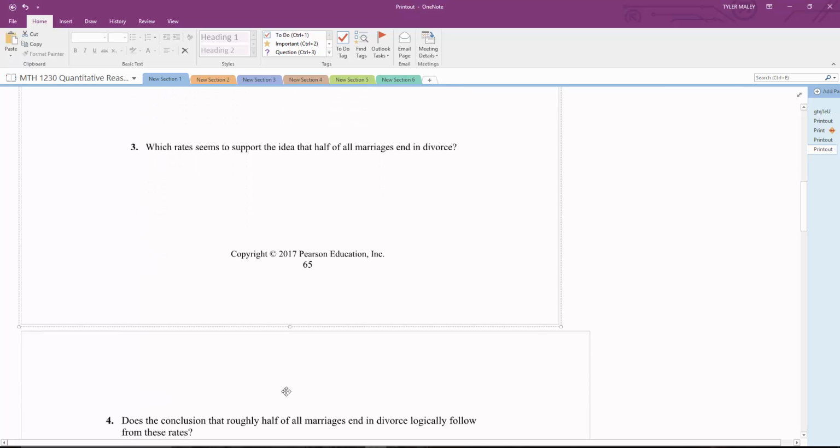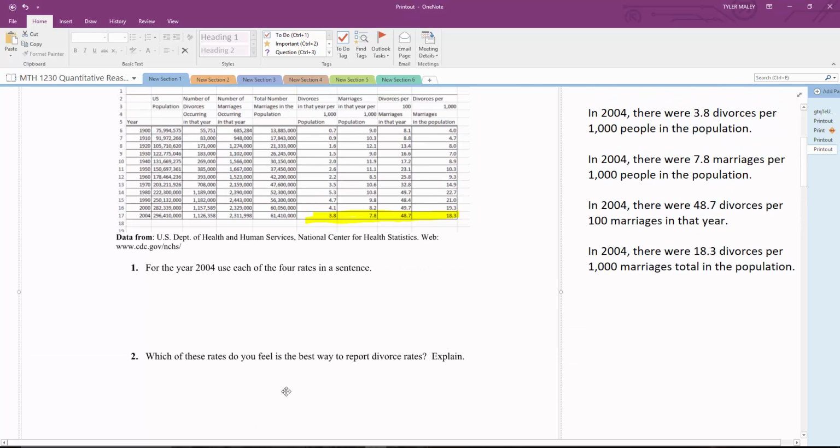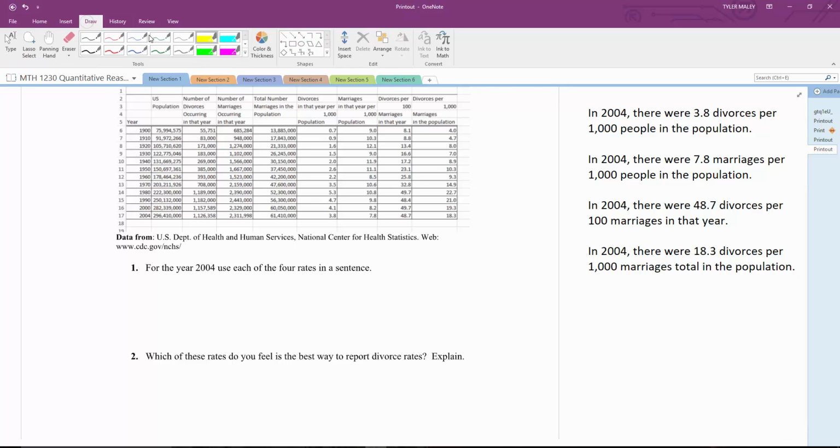And then number 3 says, which rate seems to support the idea that half of all marriages end in divorce? So there's 2 ways to support this. So let me erase this. I'll do this in green, a green highlighter. So if we look at, since 1980, this value is about half of this value.